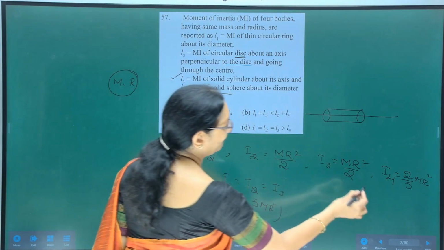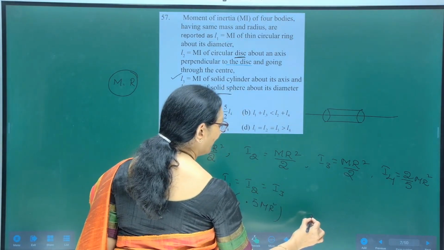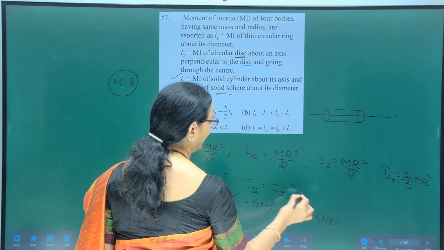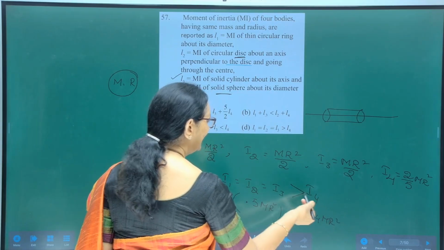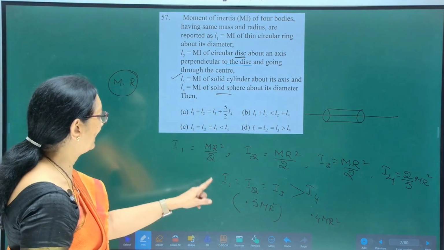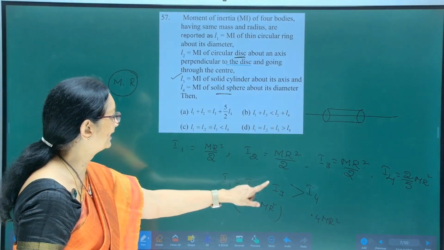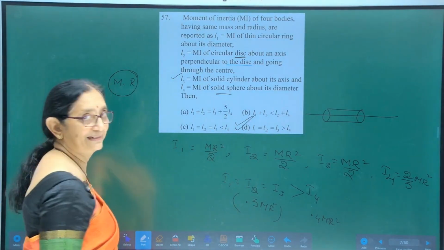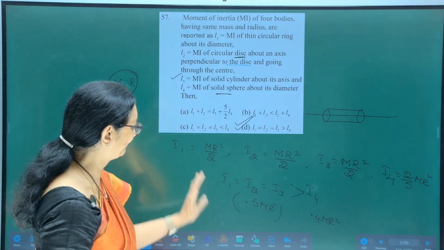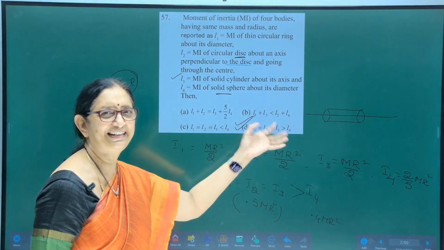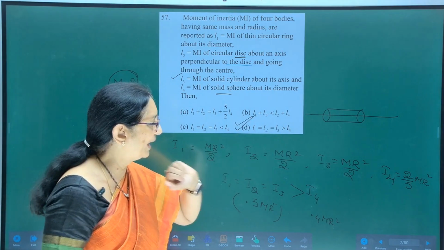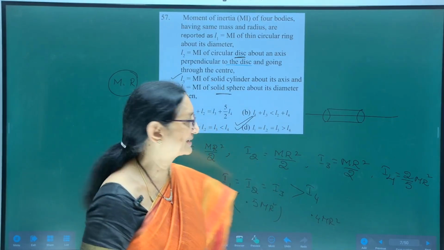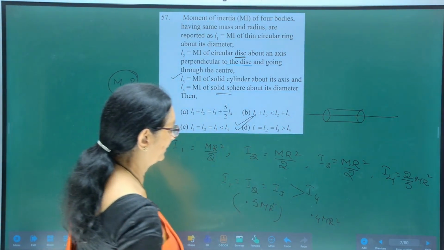And now I4, 2 by 5 is 0.4 mr square. So definitely this I4 is less than all of these. So I1 is equal to I2 is equal to I3, greater than I4. That is the correct answer. You have to be very careful. I1, I2, I3 are the same, that is simple. But coming to I4, it is 2 by 5 mr square, versus 0.5 mr square.